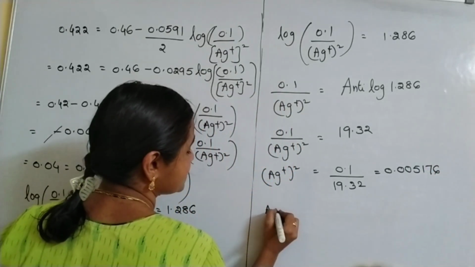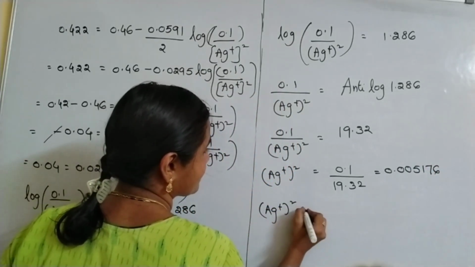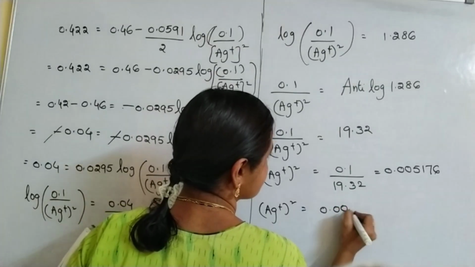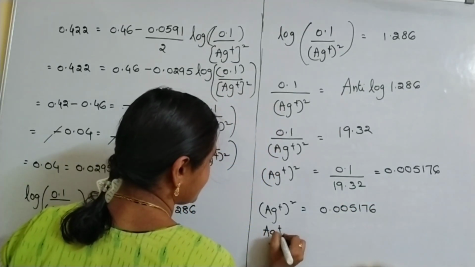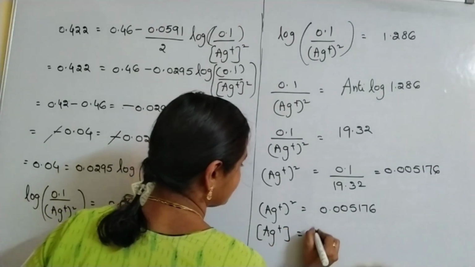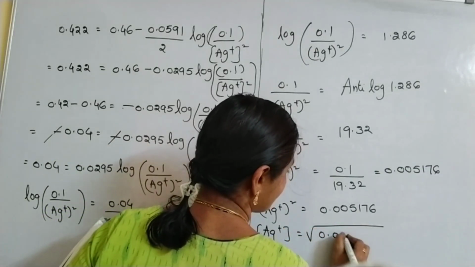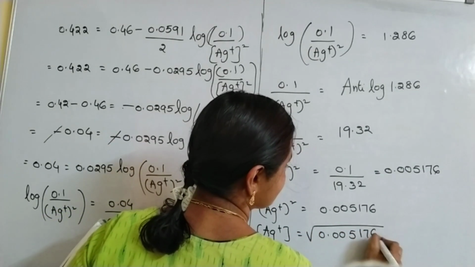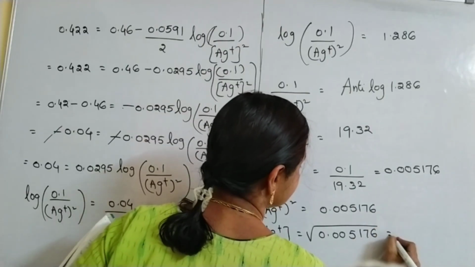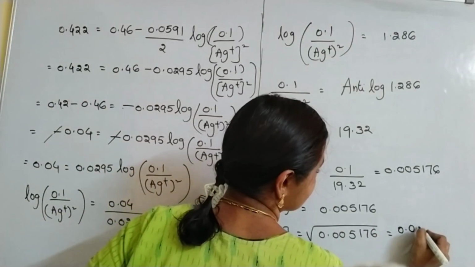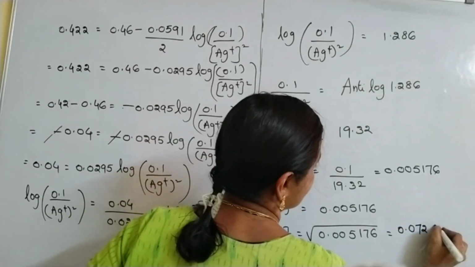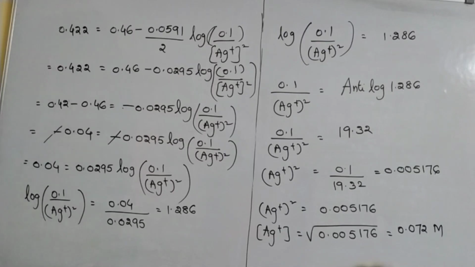So this is [Ag+] whole square. We want Ag+ only, so it will be square root of 0.005176, which is approximately 0.072. Okay, so this is your answer.